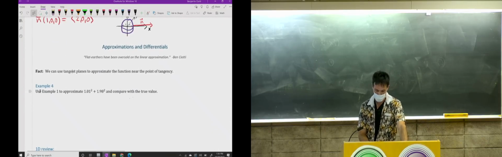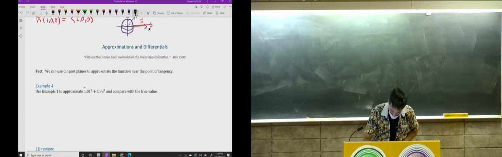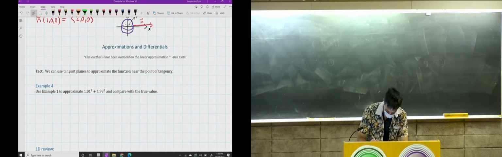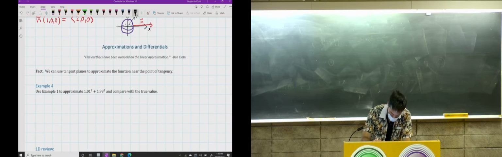Let's continue to use the paraboloid example and approximate 1.01 squared plus 1.98 squared. So I'm going to use the tangent plane formula that I found before. What was it?